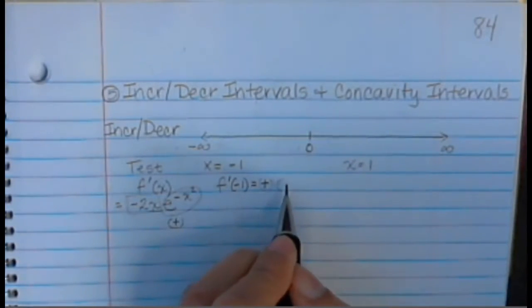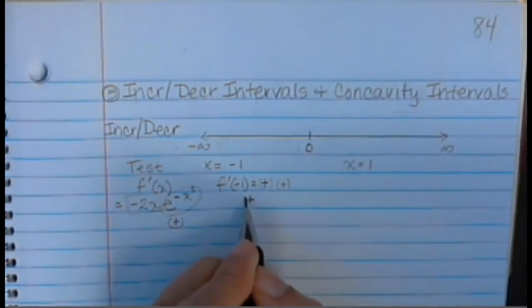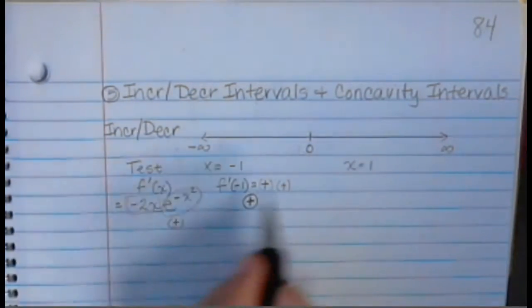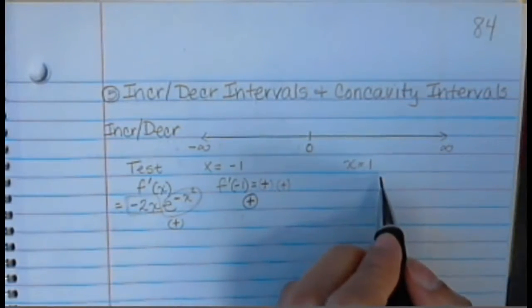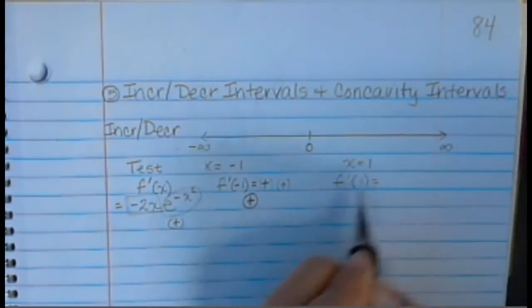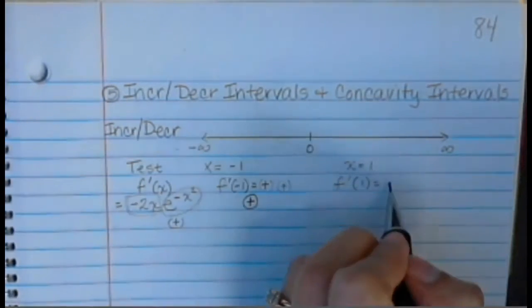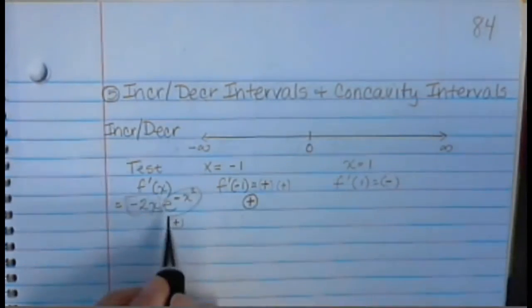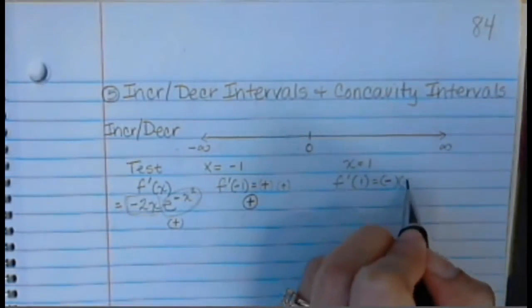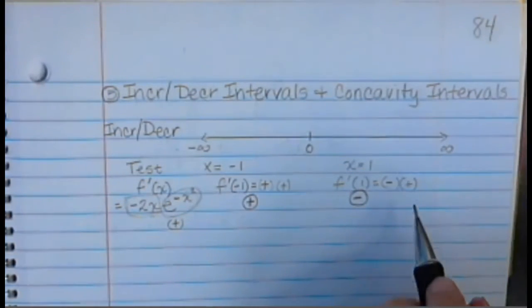So when I do that, I actually find this to be positive. When I plug in x is equal to 1, again, I'm finding f prime of 1. We know that this part, I'm going to plug in a 1, I get negative 2. And then this part is always positive. So when I multiply, I'm going to get negative. So that's good to know.